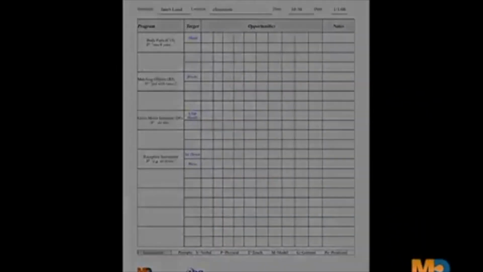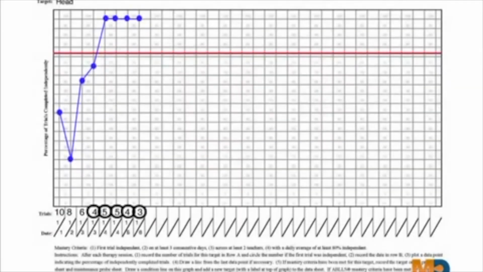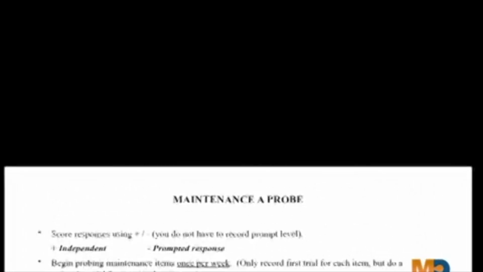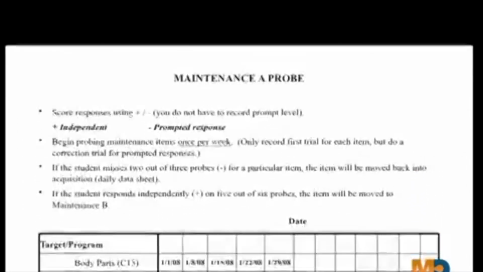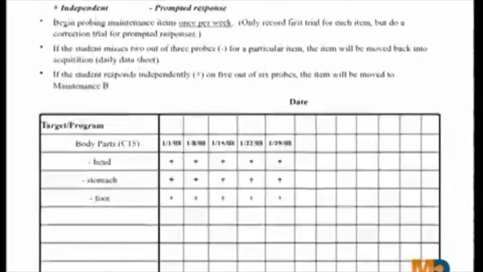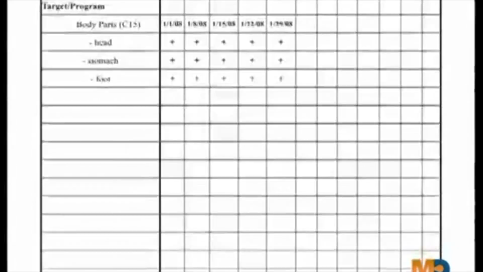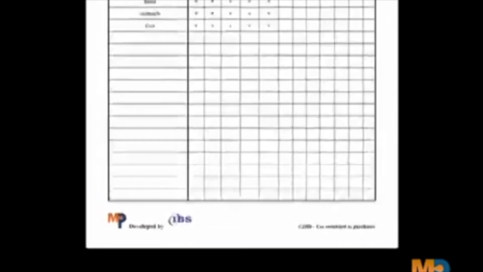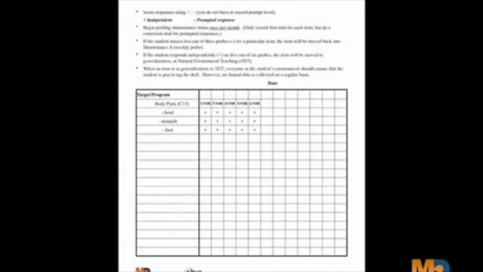You'll then calculate a total percentage of accuracy for each target and plot that on the graph. When the student demonstrates mastery on a specific target, that target would then be moved to a maintenance schedule. Initially, that schedule would be probing once a week, and then once they've demonstrated that they are maintaining the skill, you would move that target to a maintenance B schedule.